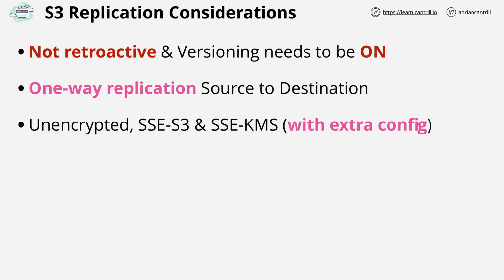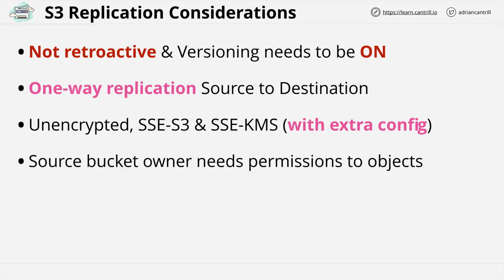So there's configuration and there's extra permissions which are required because, of course, KMS is involved. Now, it is not capable of replicating objects that are using SSE-C because S3 is not in possession of the keys in order to access the plain text version of that object. So if you do utilize SSE-C, this replication will not work.